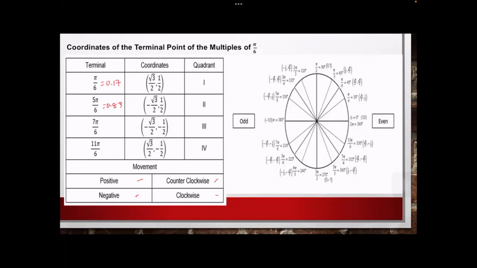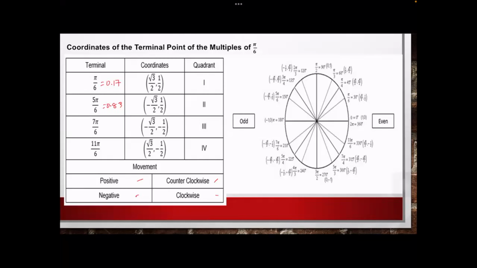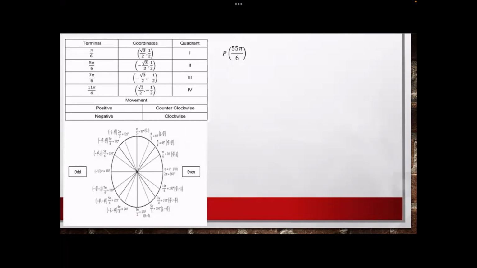Sir J, ano po yung sa akin ulit? 55 over 6. Meron na? Okay, so let's answer this. Bilye ka. 55 over 6.